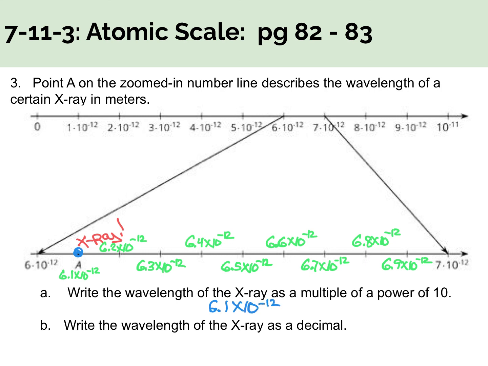So that's our number, right? And we need to write it as a decimal. I know that there's going to be 12 decimal places. The 6 is going to take one of them. So I'm going to have it as 1, 2, 3, 4, 5, 6, 7, 8, 9, 10, 11, 12, with the 1 at the end.